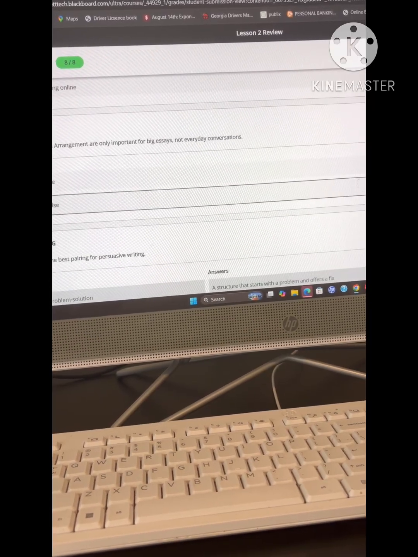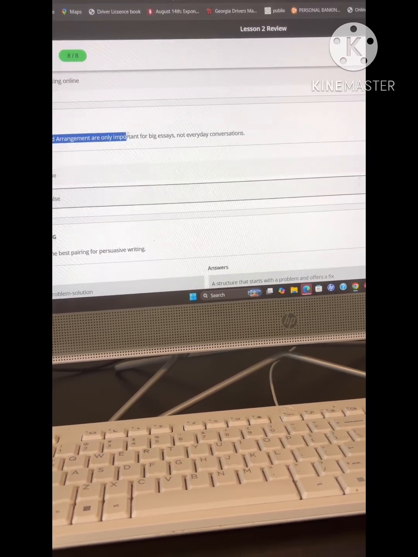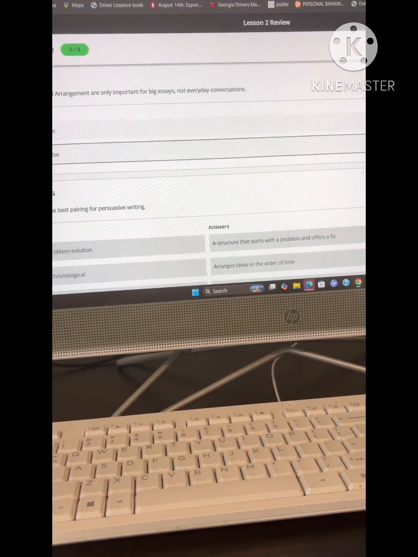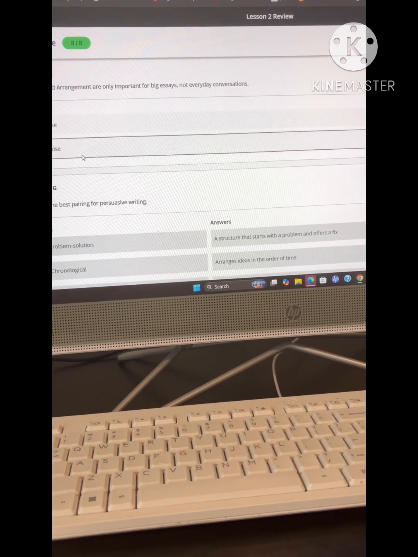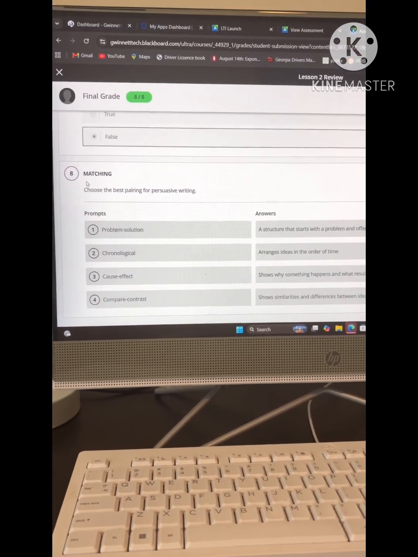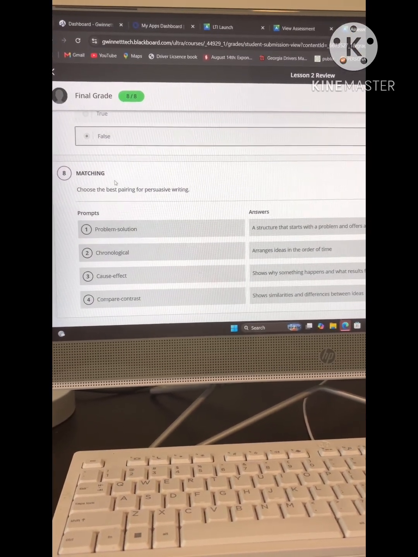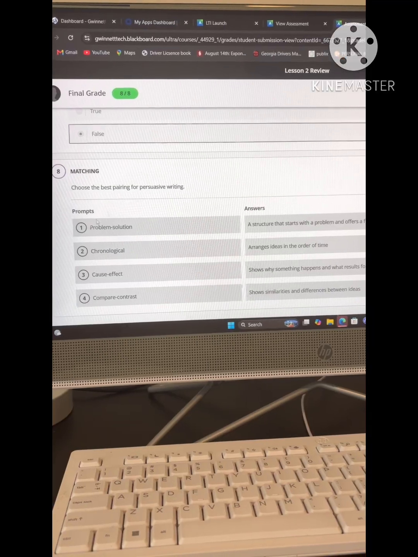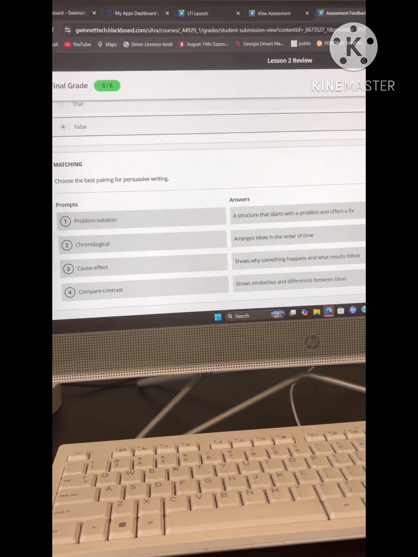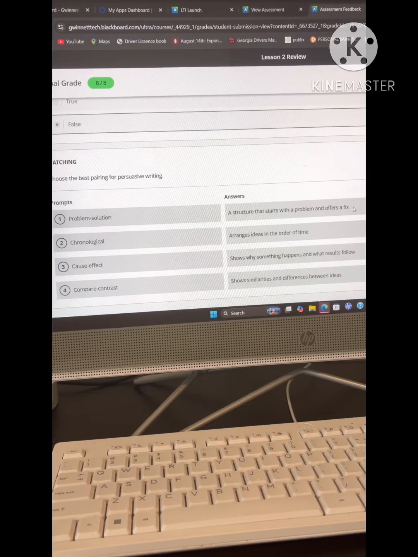And then for number seven, invention and arrangement are already important for big essays, not everyday conversations. And then I put false. And then for number 8, I did matching, choose the best pairing for persuasive writing, problem solution, a structure that starts with a problem and offers a fix.